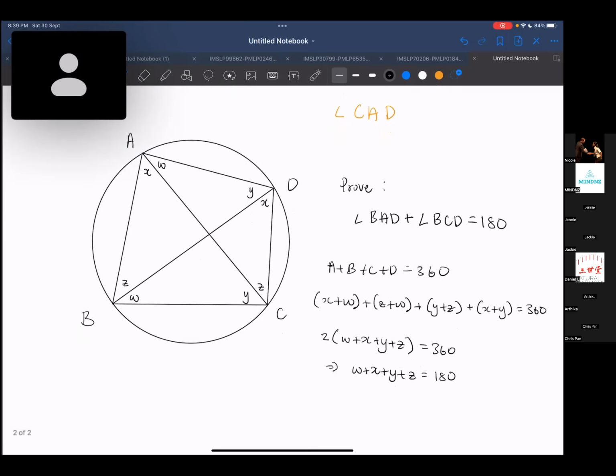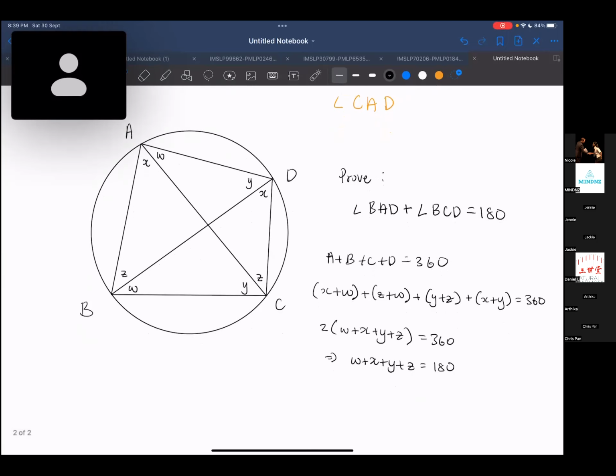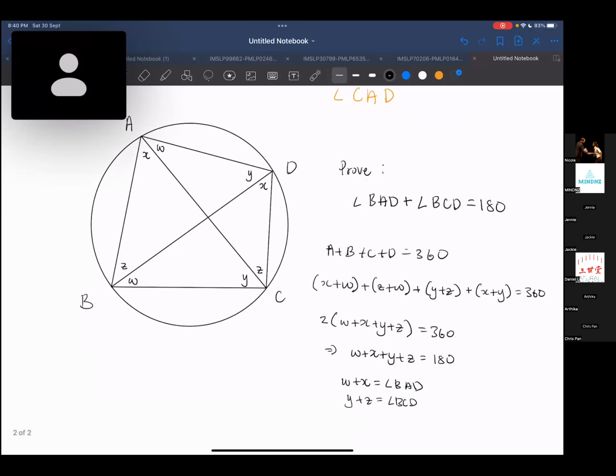And that's really interesting because W plus X equals angle BAD, and Y plus Z equals angle BCD. So then we can just put it together to show that this is true.